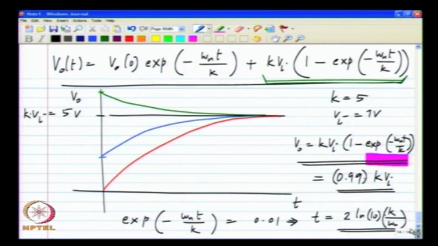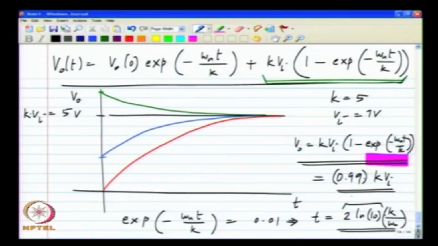Note that k divided by omega u has dimensions of time, because omega u has dimensions of frequency, and this part 2 times ln 10 is about 4.6. So, within 5 time constants the output will reach 99% of the ideal value if you start from 0 initial condition. That is what the expression is saying.